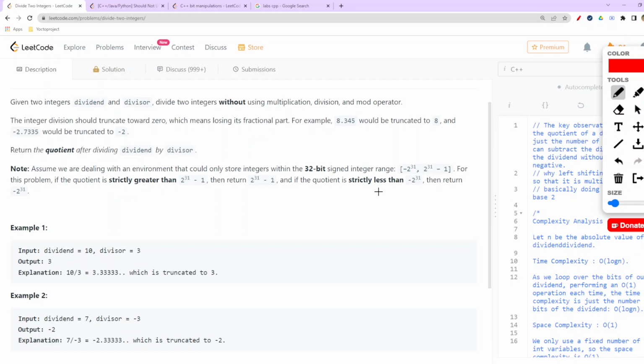We can do it by simply using a for loop and getting all the possible numbers. Basically, 3 multiplied by 1 is 3, then 3 2s are 6, then 3 3s are 9, right? Like this we would be getting them, and what we need to do with these is subtract them from the dividend. Each time we'll do 10 minus 3, then we get 7, right? Then 7 minus 6, then we directly get 1, right?